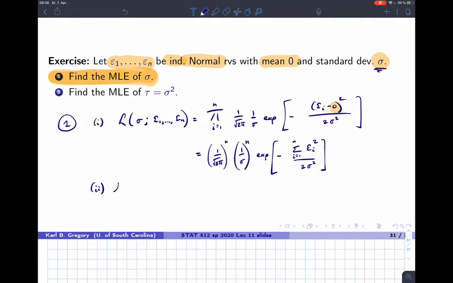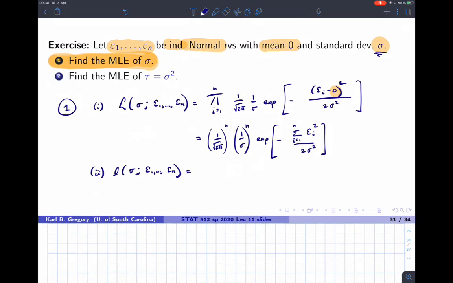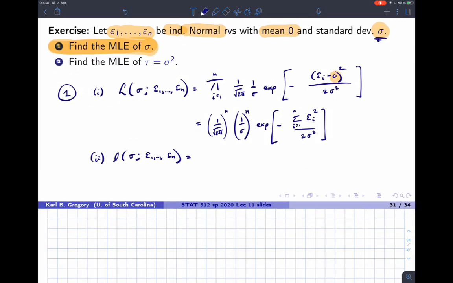Let's get the log likelihood function so that I can then differentiate it with respect to sigma, set that derivative equal to 0, and solve for sigma, and thereby get the maximum likelihood estimator of sigma. So I get n log 1 over root 2 pi plus n log 1 over sigma minus the sum of the squared epsilons over 2 sigma squared.